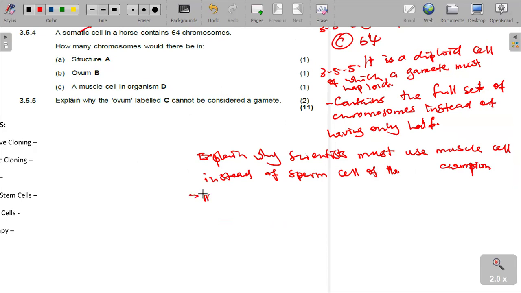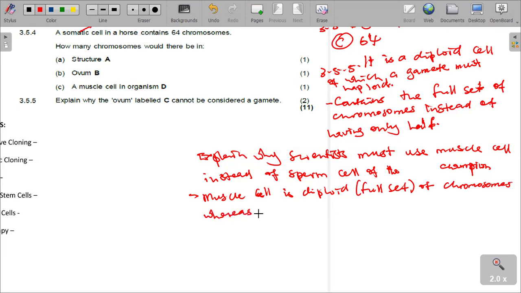The muscle cell is diploid, or it has got the full set of chromosomes, whereas a sperm cell is haploid.